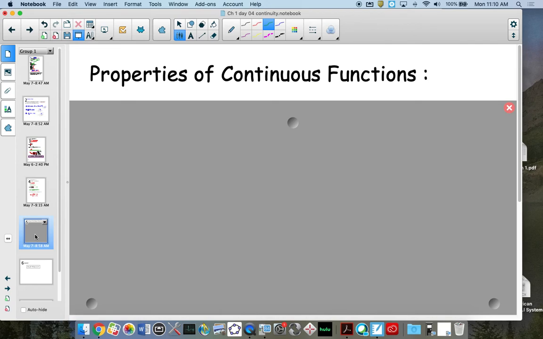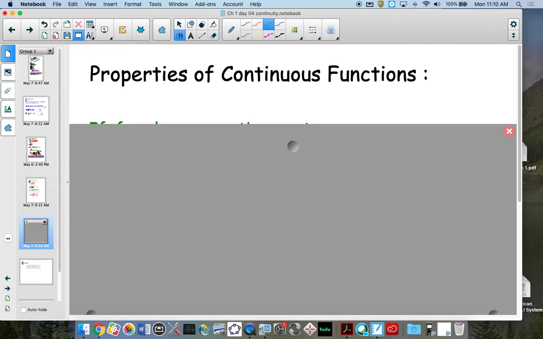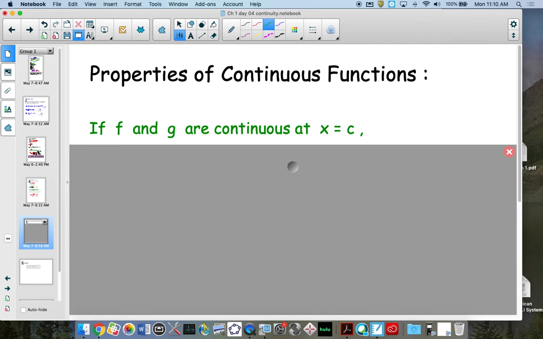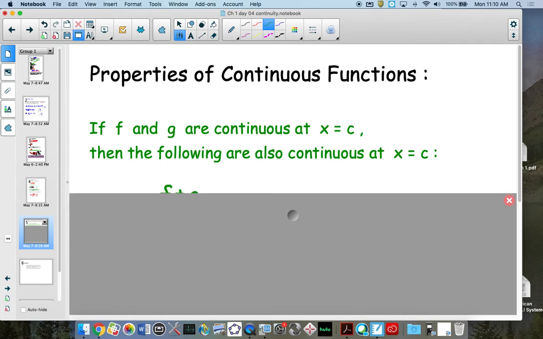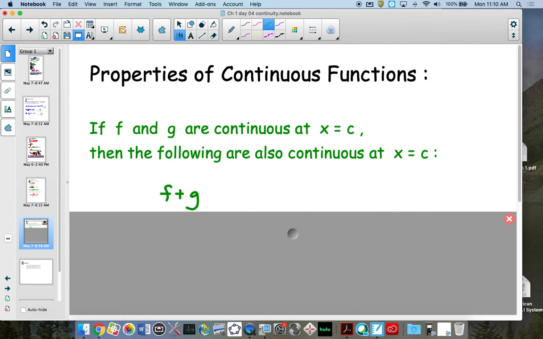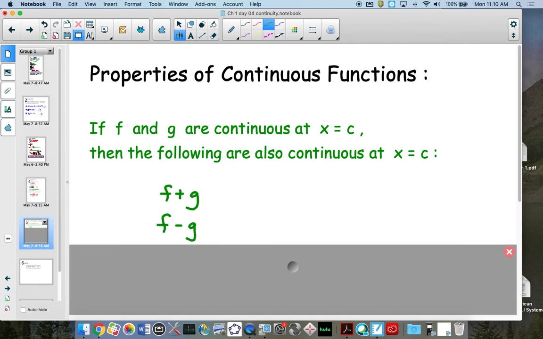All right, we have some properties of continuous functions. And since they're tied to limits, this always goes back to some of our properties for limits. If f and g are continuous at a point x equals c, then each of the following are also going to be continuous at x equals c. So the sum of the two functions, f plus g, that'll be continuous at c.